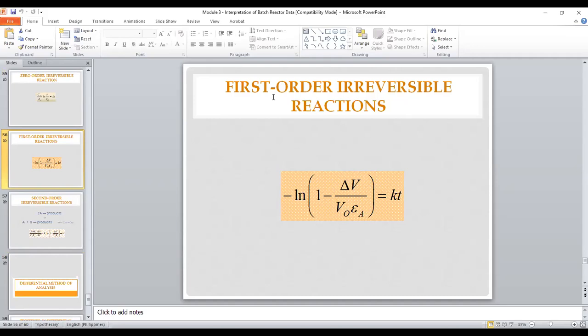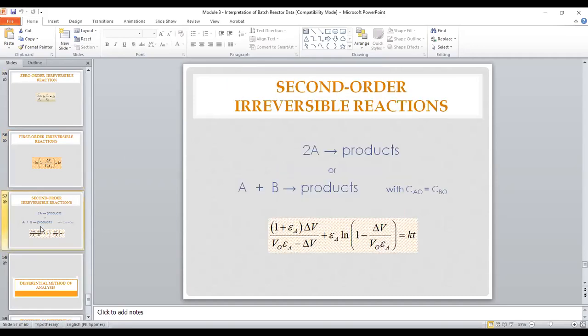First order irreversible. If it's second order irreversible, we only have the two cases here. We don't have the third case wherein we're dealing with a second order irreversible reaction but non-elementary in nature. If you recall in the first part, we have three cases under second order and third order reactions.